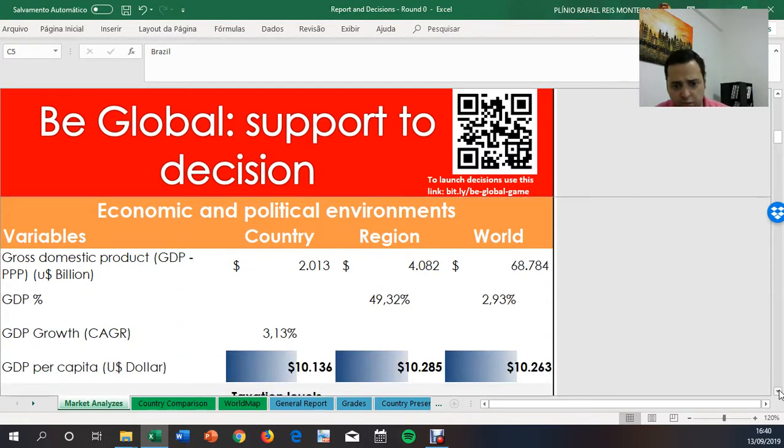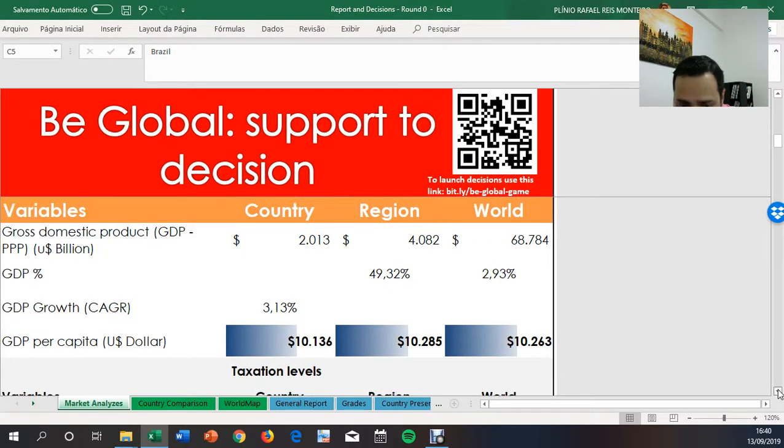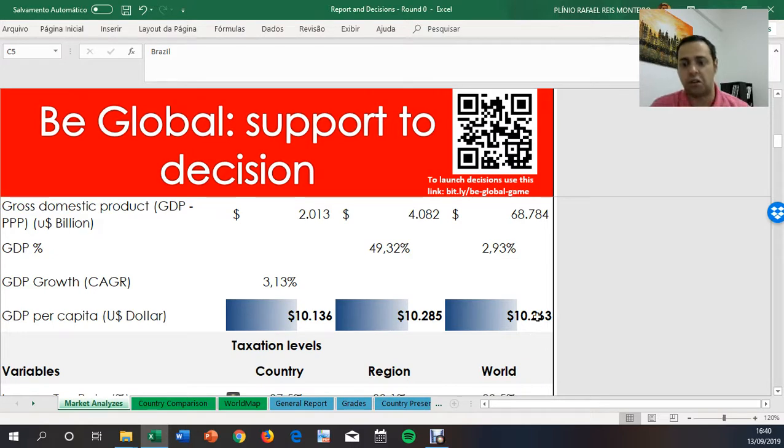We also can see the results of GDP per capita. Remember that people need to have money to spend on ride-hailing apps. And in Brazil, we are basically on average compared to the world. So we are not that bad on that measure as well.